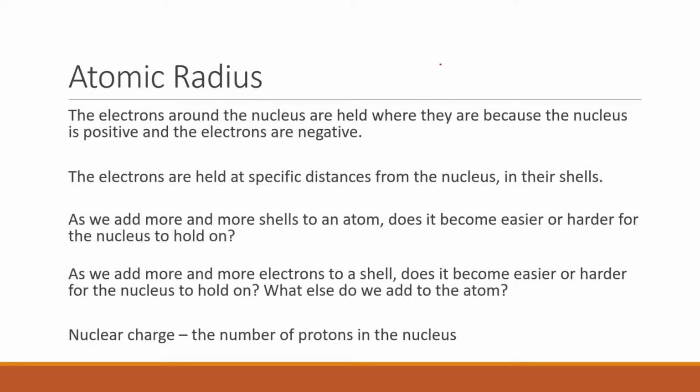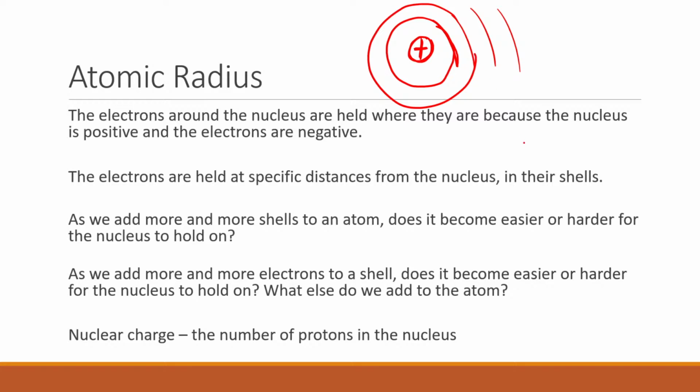Now, we've been looking at a shell model of the atom, which has our positive nucleus in the middle and the electron shells around the outside. And we keep drawing it this way, but we have to remember that these little arcs that we put here represent fully circular shells, right, that go all the way around the atom.